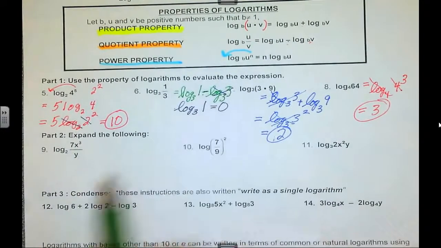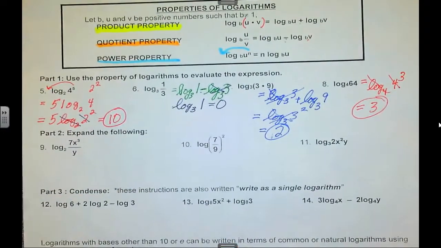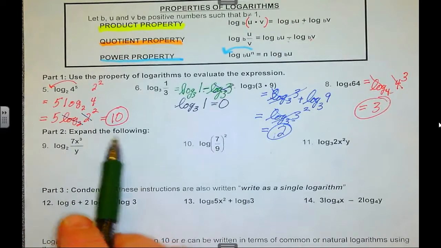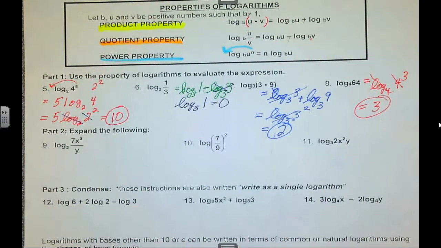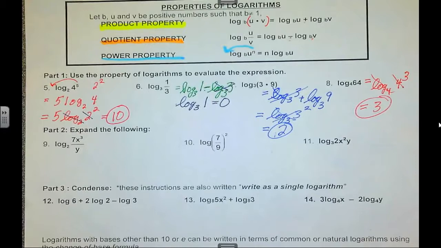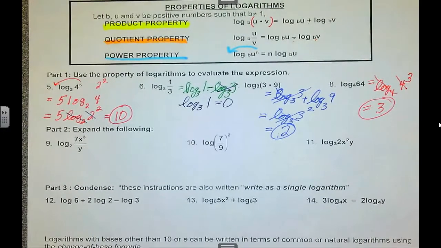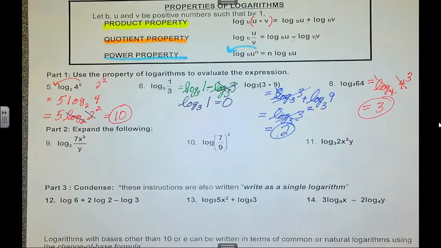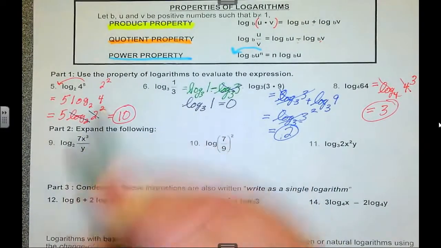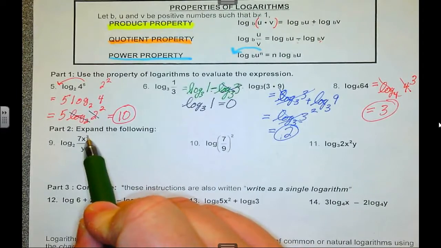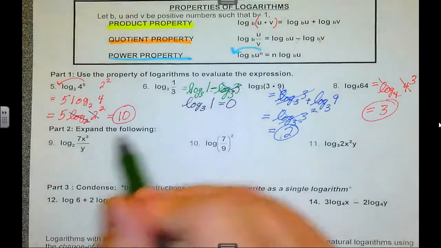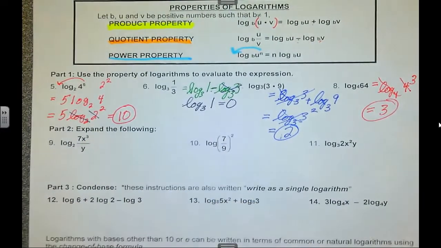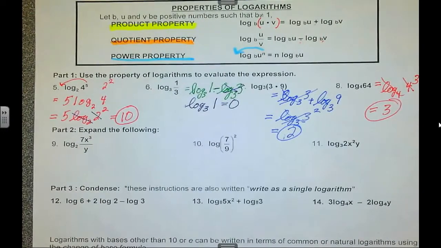Okay, number 9. Now we're going to expand. I'm sorry, we're still going to expand. We don't have to evaluate. Okay, be careful here. This exponent of 3 is attached to that 7, so I can't bring it out in front.